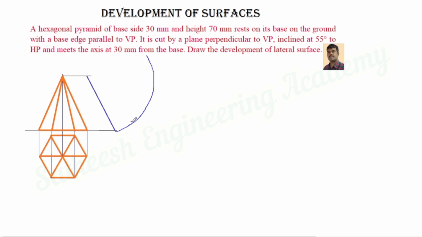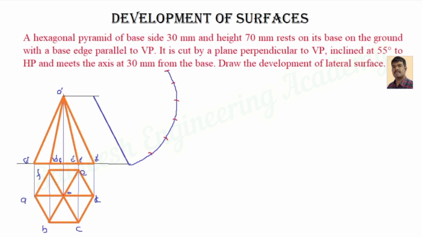You draw an arc from the initial point. It is a hexagon, therefore 6 arcs from each and every one. All are 30 mm distance. Clear? You assign the letters: A, B, C, D, E, F, apex O, and in front view all are with dashes: A dash, B dash, C dash, like that.